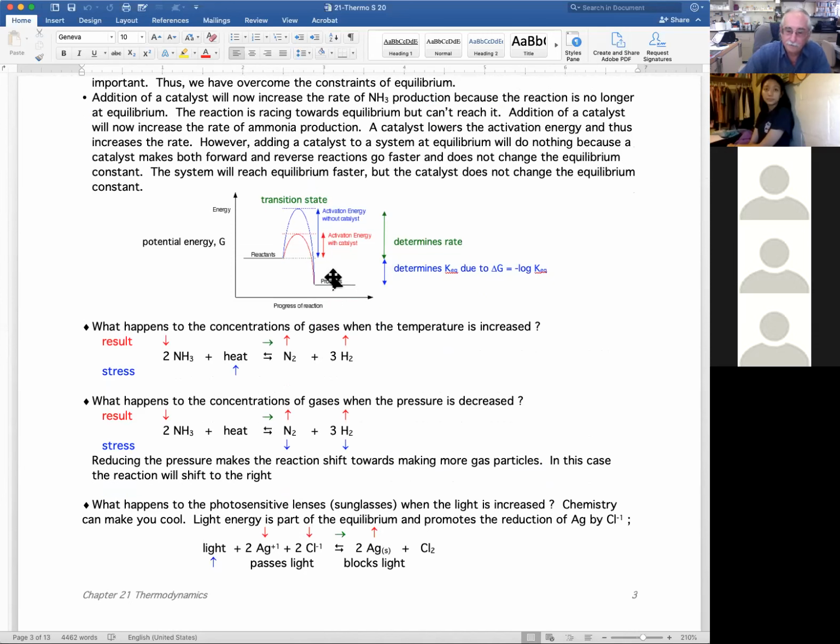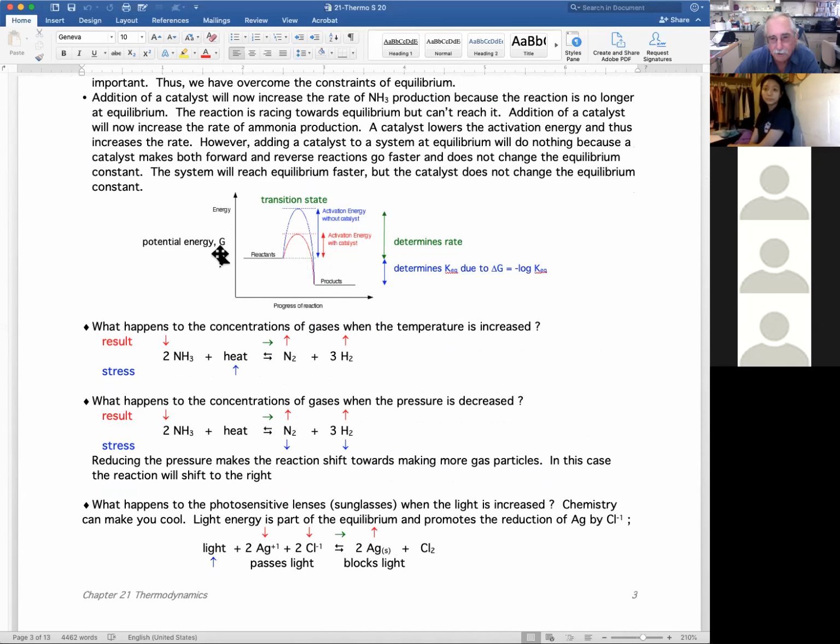So we don't really have time to go into it, but in a higher level chemistry course, we'd spend a lot of time on it. This difference right here, which we could call delta G or delta E or whatever, if we're talking about delta G, that's equal to the negative log of the equilibrium constant.